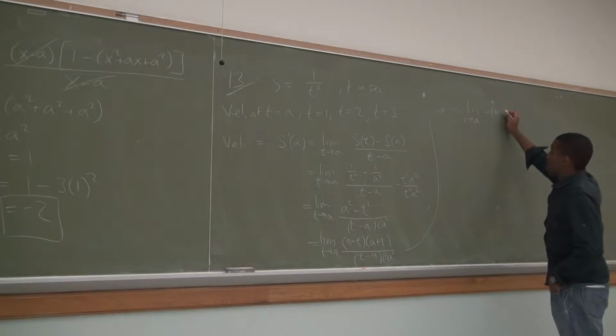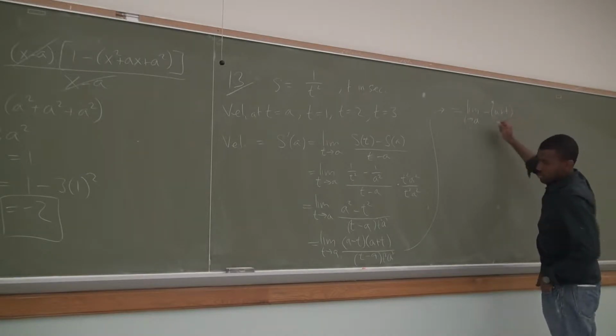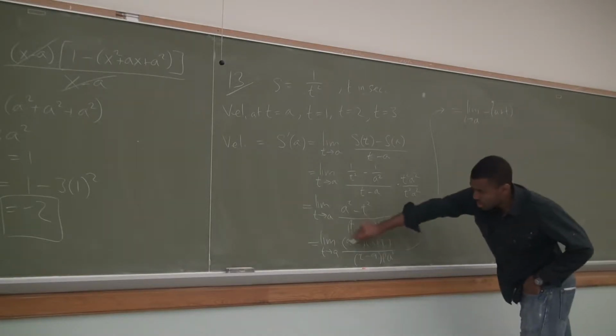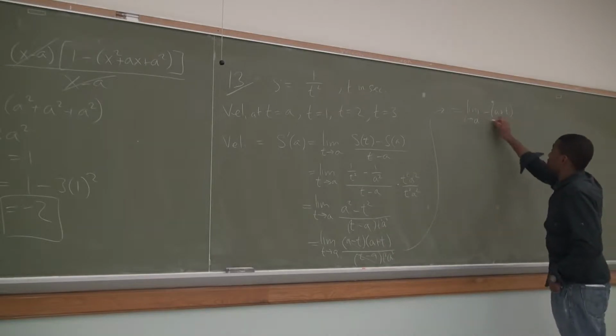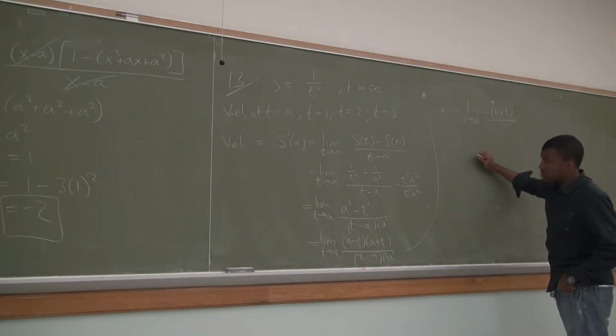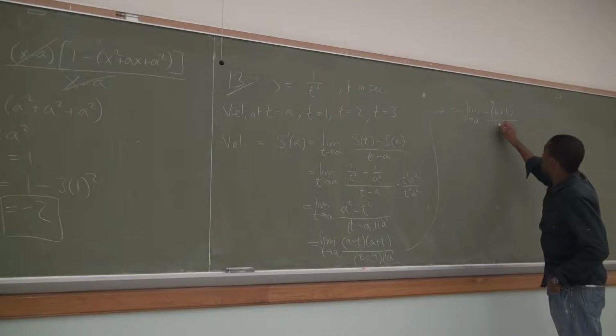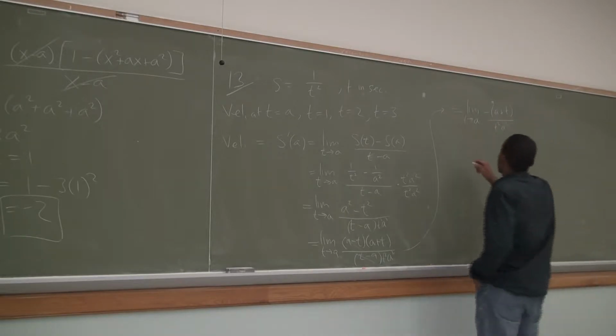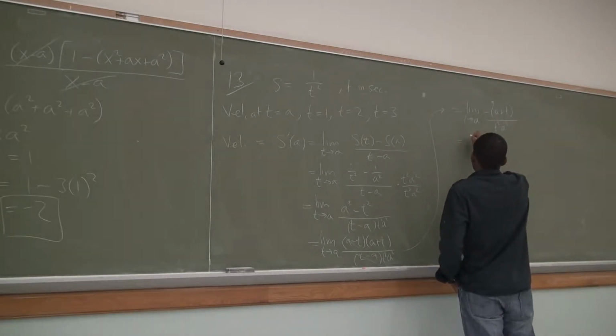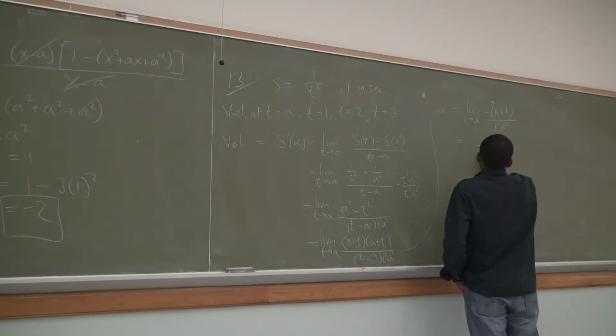Okay, so it's just minus a plus t, because this goes into that negative 1 times, over t squared a squared. Now, as t goes to a, I would get minus 2a over a to the fourth, which is minus 2 over a cubed.